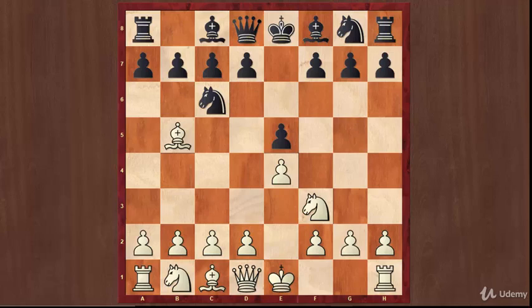And if you understand the position, if you understand the ideas behind the opening, then you can easily take advantage of that. So this position that you're looking at on your screen, after about 3 moves of the game, is the Spanish opening. And it's just slightly different from the Italian opening.